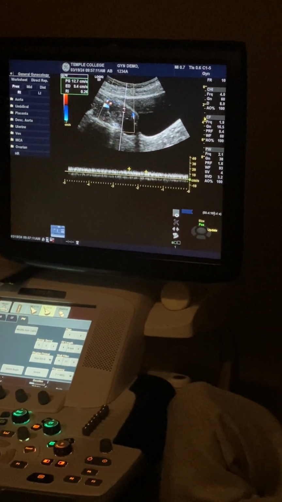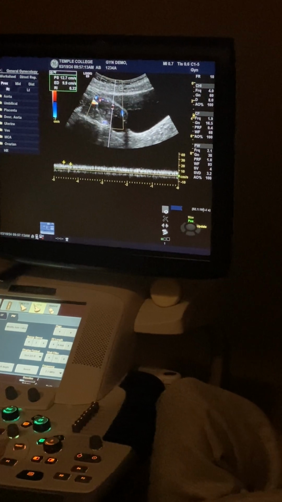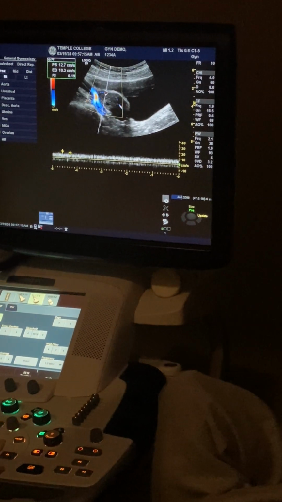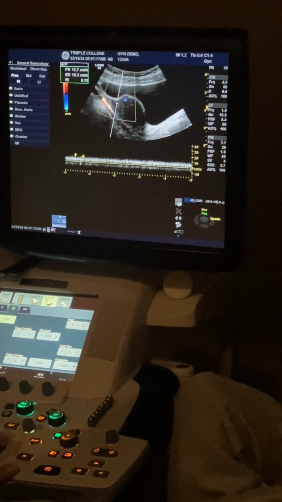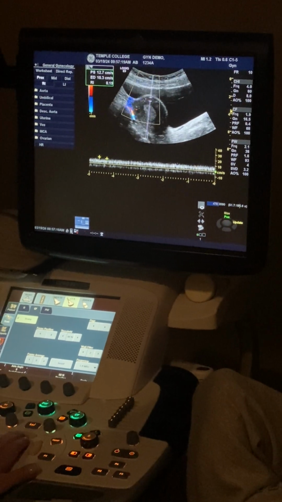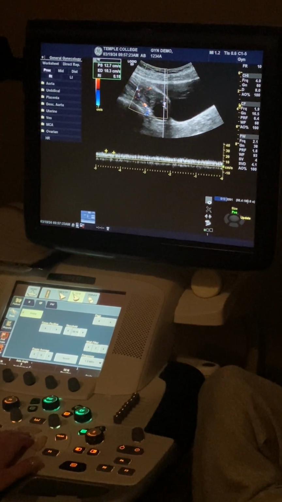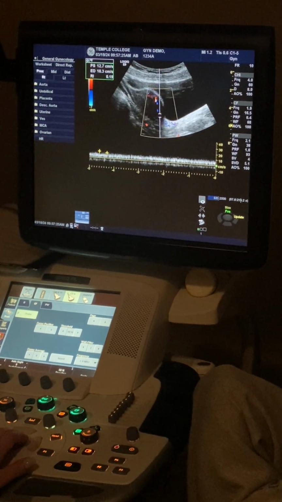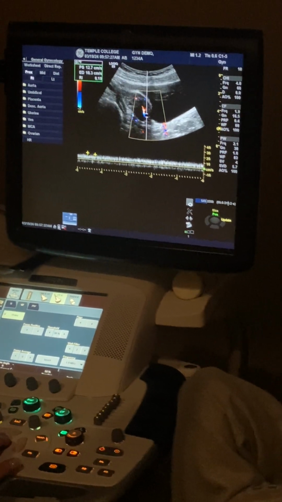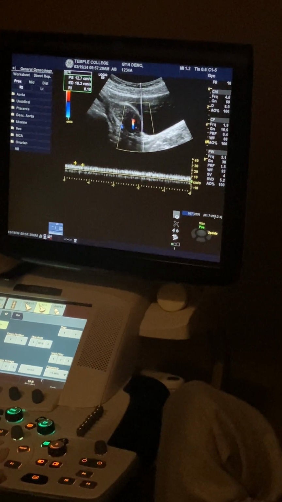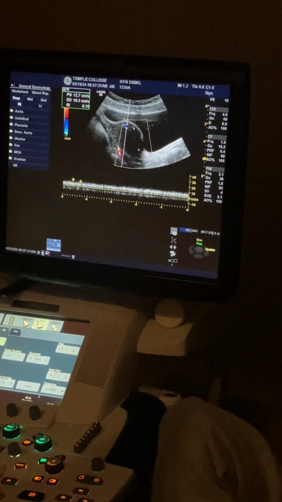Turn the filter down. See all these vessels kind of around it? Leading from, most especially that one, leading from the uterus. So that one right there, do y'all see that? That's part of the tube, because that tube comes up right here and wraps around.